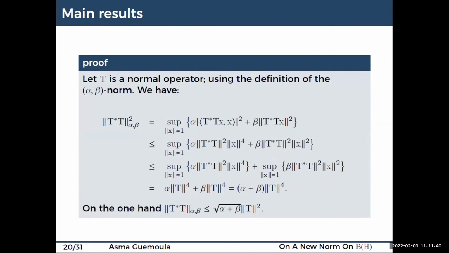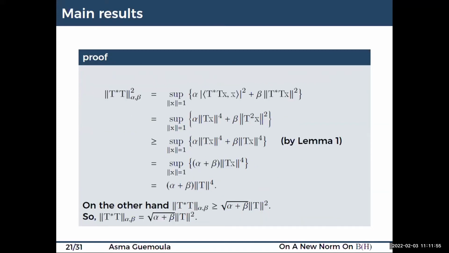Using the definition of the alpha-beta norm and some inequalities, on the one hand, we get these inequalities. On the other hand, by using some equalities and inequalities and Lemma 1, we get these inequalities, so we get the proof.